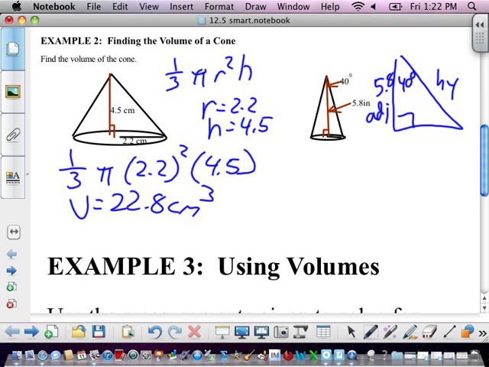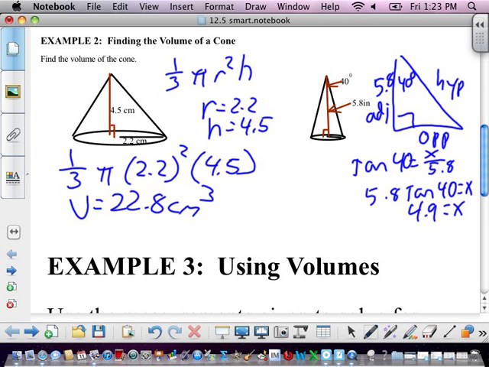This is hypotenuse. This is opposite. So I want opposite over adjacent, so that's tan. Tan of 40 equals opposite, we'll call it x, over adjacent 5.8. So 5.8 times tan of 40 equals x, or my radius. That gives us 4.9.